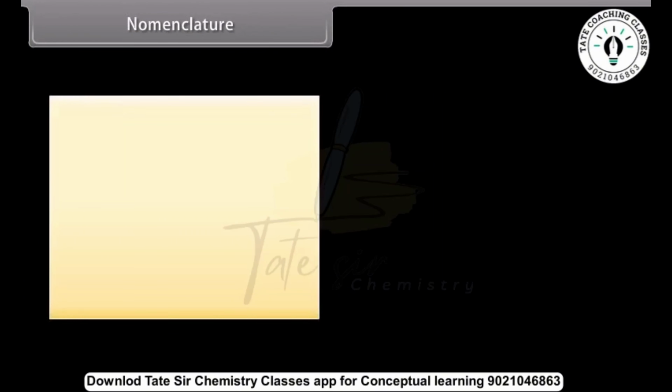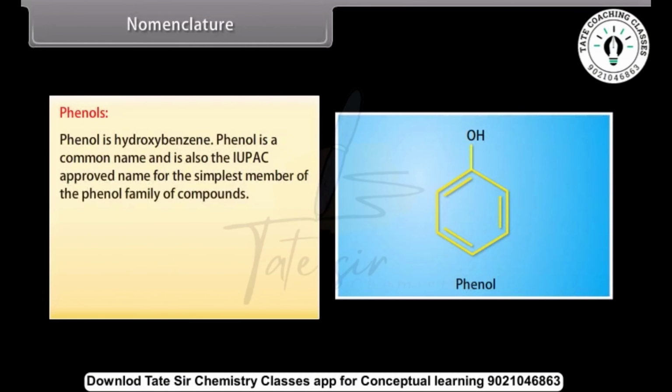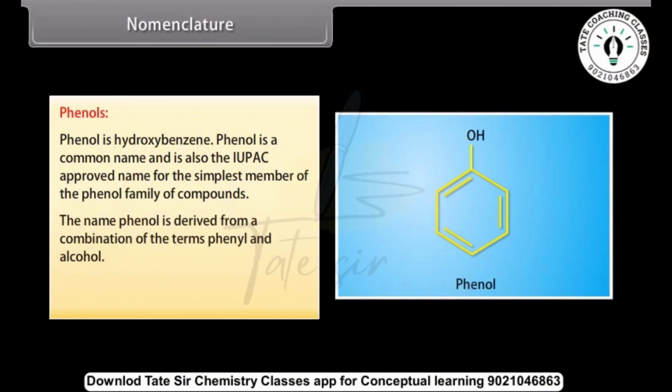Nomenclature. Phenols. Phenol is hydroxybenzene. Phenol is a common name and is also the IUPAC approved name for the simplest member of the phenol family of compounds. The name phenol is derived from a combination of the terms phenyl and alcohol. The substituents on the benzene ring are indicated by suitable numbers.